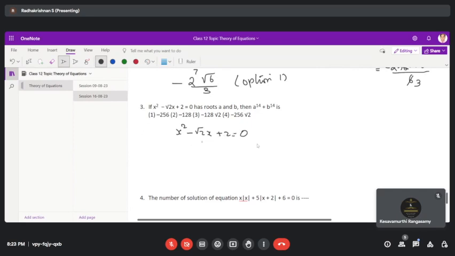If you can determine the roots alpha and beta, then we can easily calculate alpha to the power of 14 and beta to the power of 14, and add it up also. That is also possible, an easy way. But here this will give a complex number, so this will be an exercise in complex numbers also.